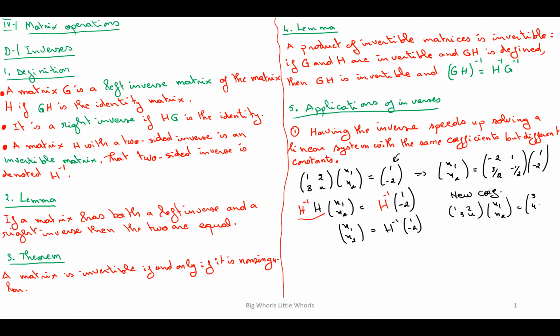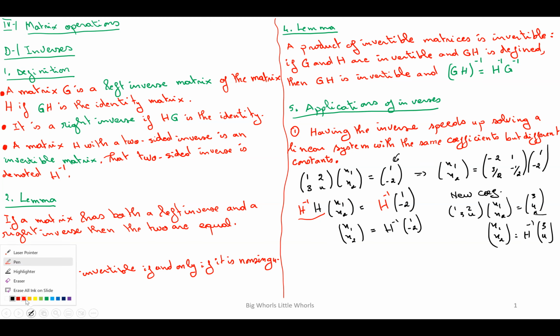Instead of performing the Gauss method or Gauss-Jordan again, I can just multiply the constants by the inverse of the matrix. So our new answer x1 x2 is equal to the inverse that I have already calculated multiplied by 3 4. Having the inverse speeds up the computations when we have the same matrix but different constants. That's one reason why.